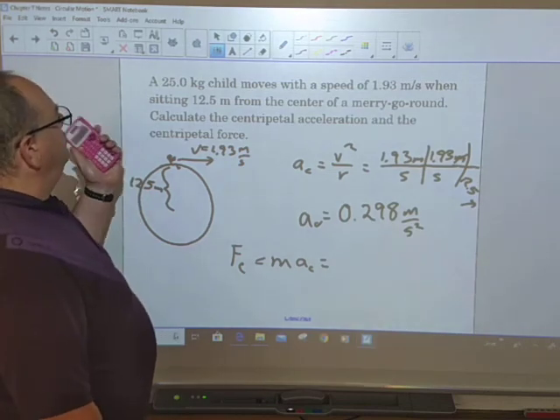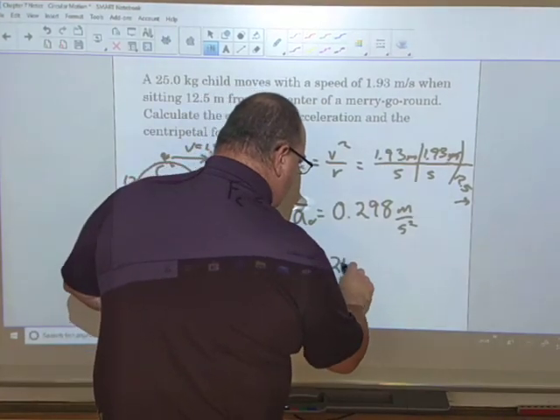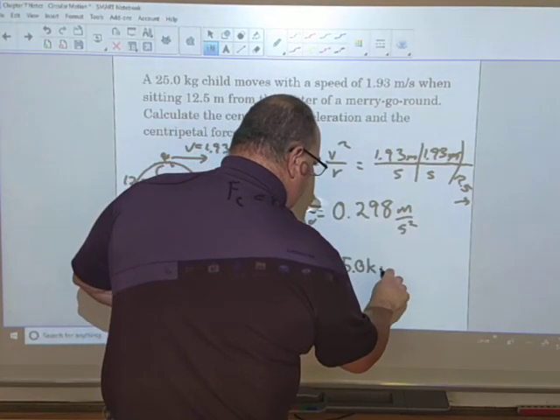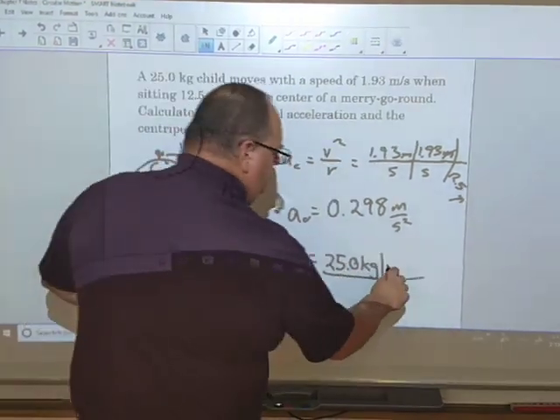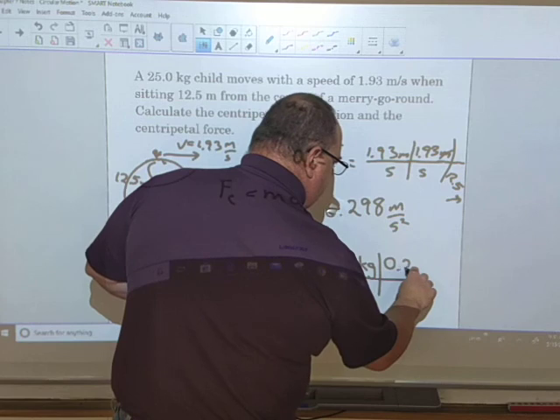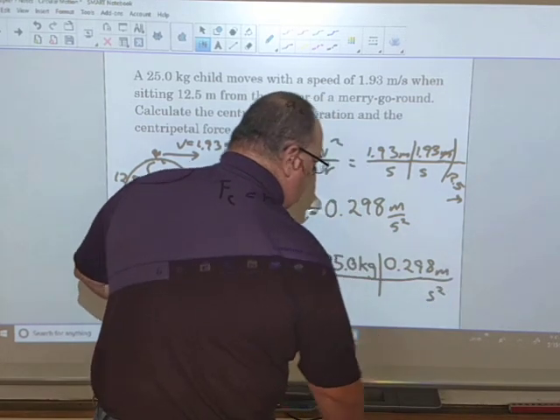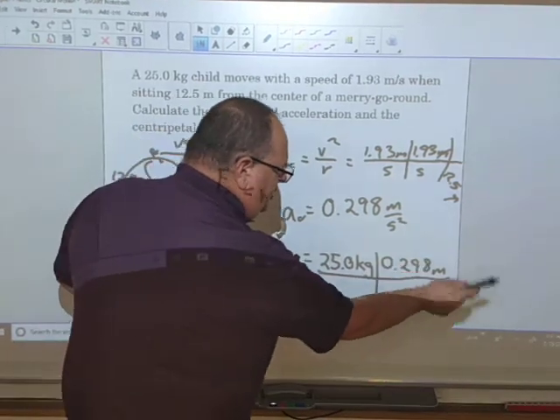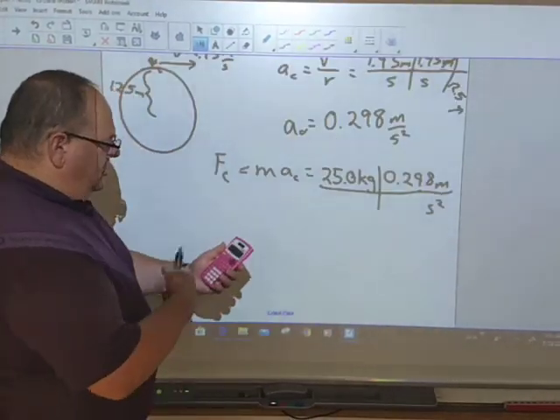So our mass was 25 kilograms, 25.0 times 0.298 meters per second squared. Hey, a kilogram times a meter per second squared is a newton. So, you know what?